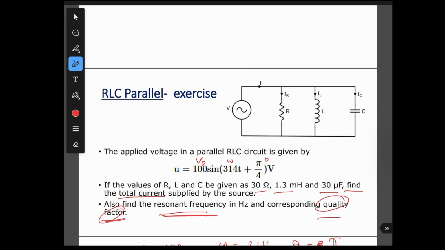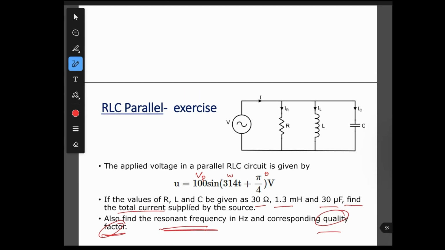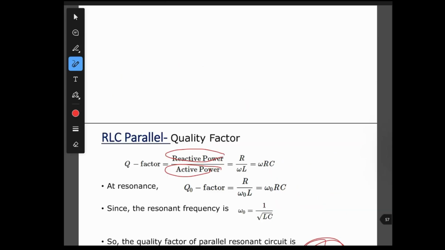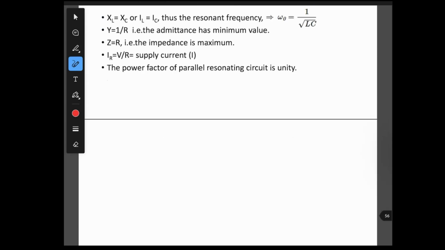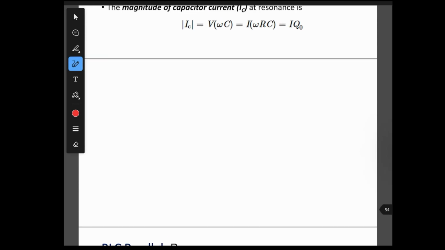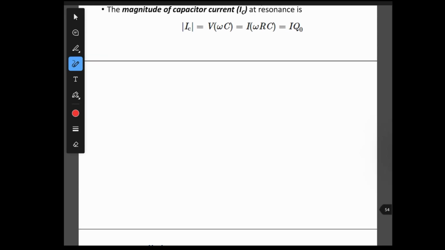I think someone raised a hand. Okay, so we have two parts. In the final exam, there will be 2 questions from this topic. Question A is the RLC series circuit, and question B is the RLC parallel circuit.